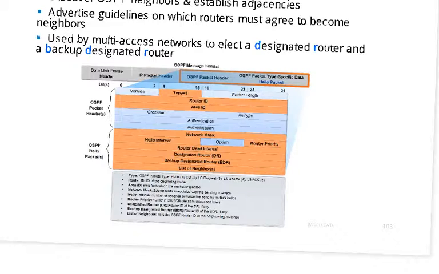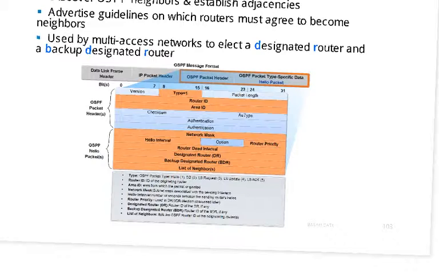For the hello packet itself, you have the network mask, and you have the hello interval, and these are the values that you need to agree on. You have to agree on the hello interval, the router priority, the router dead interval, designated router, backup designated router, and the list of neighbors.